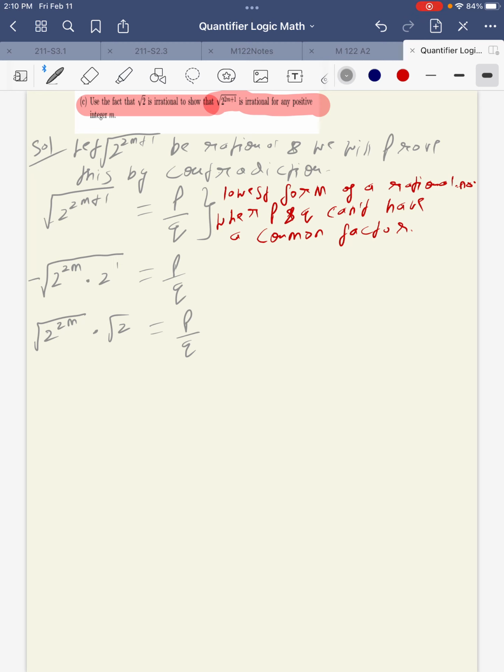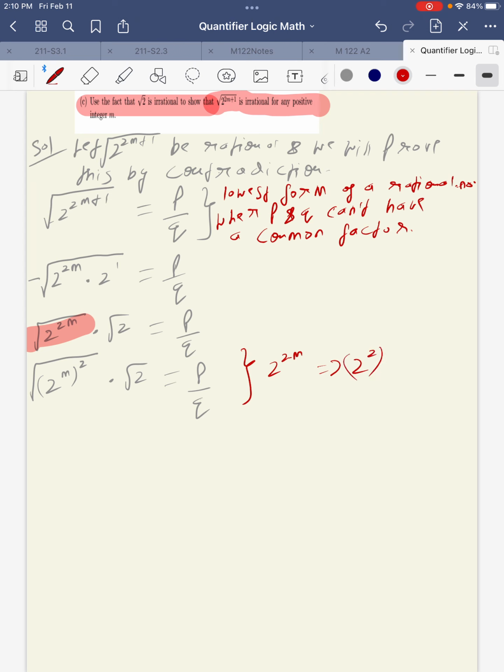Alright, so how can we break this statement right here? Let's try to do that. We can write the square root of 2 to the power 2m as 2 to the power m, because of the property of exponents.